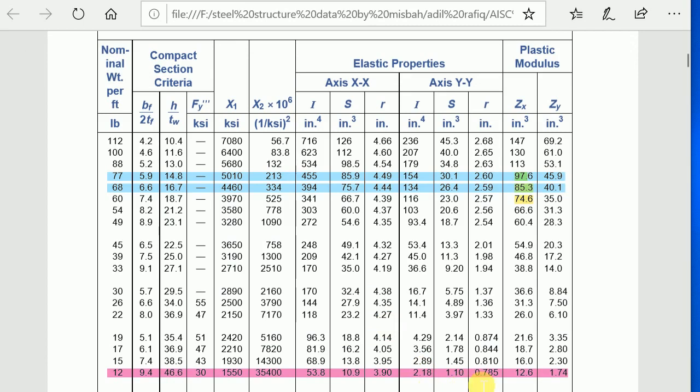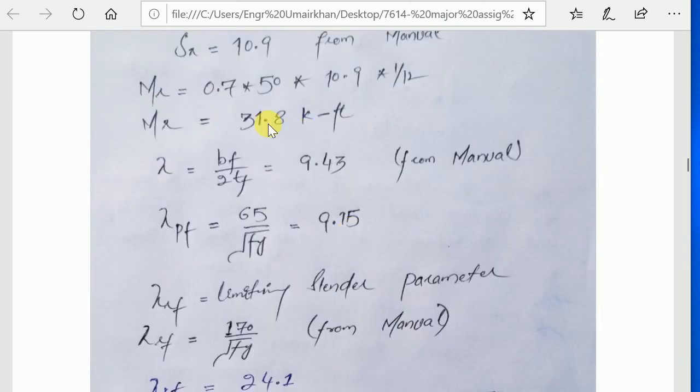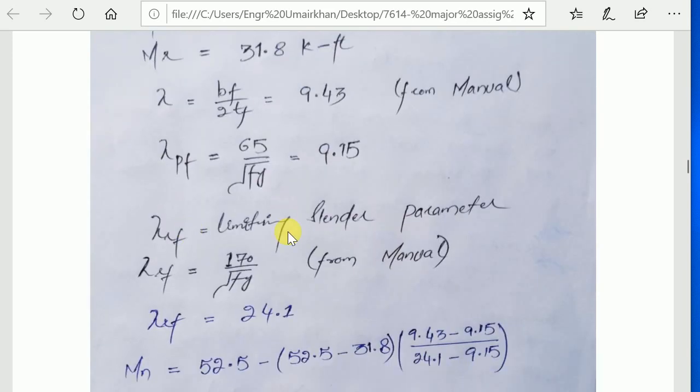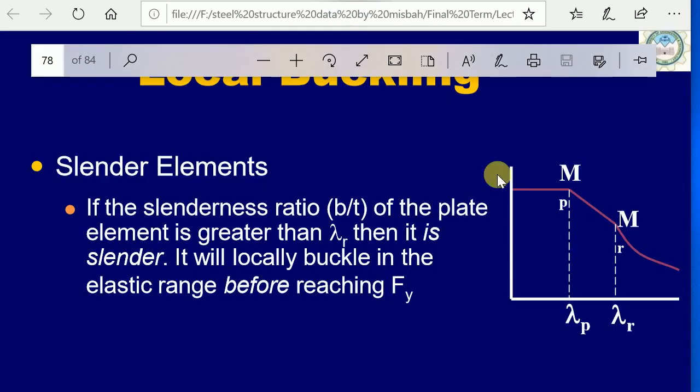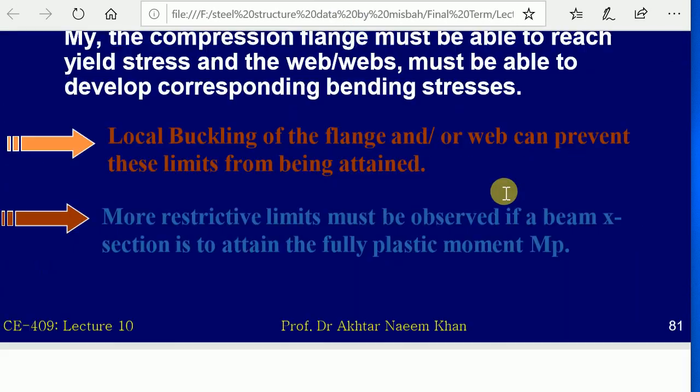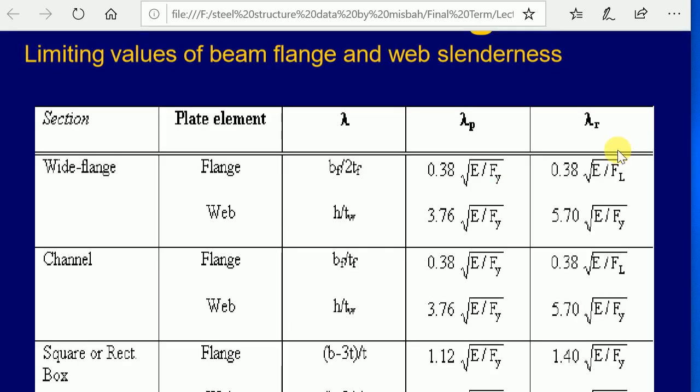Now we have Mr, lambda, b/2tf, we have lambda pf, which is a limiting value, and lambda rf, which is another section slenderness parameter, and this is 170 divided by root Fy. As this is for the flange, one can also use the formula 1.0 times square root of E over Fy.